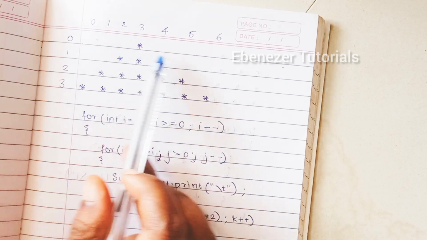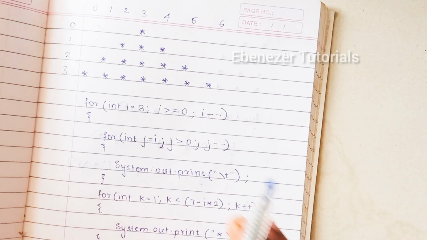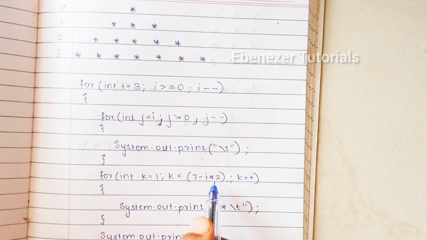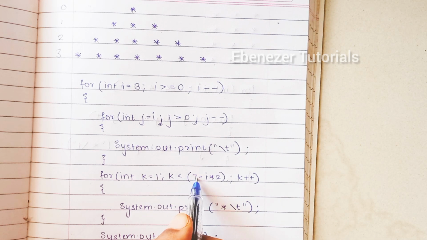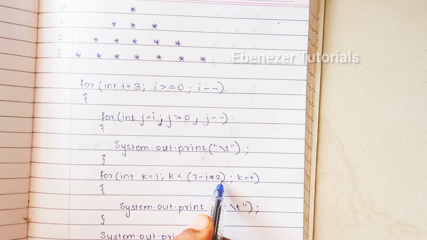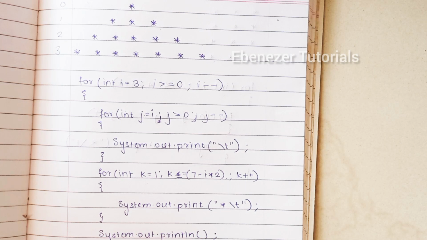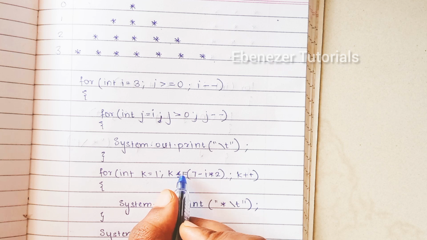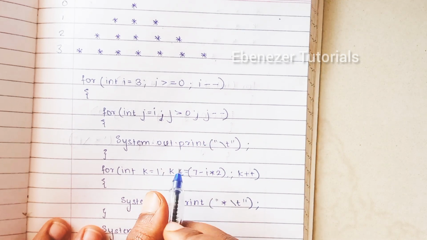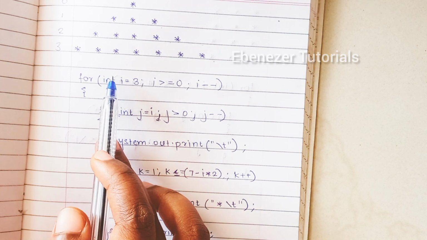That's how 3 spaces here and 3 spaces here logically mean. So k is equal to 1, k less than 7 minus i into 2, so 7 minus 6, which is 1, k plus plus. There was a small correction here: it's not k less than, it's actually k less than or equal to. This for loop is for printing the asterisk symbol.